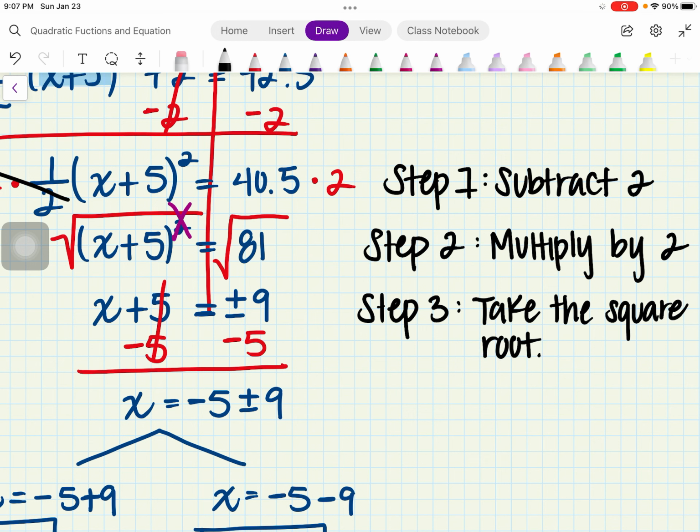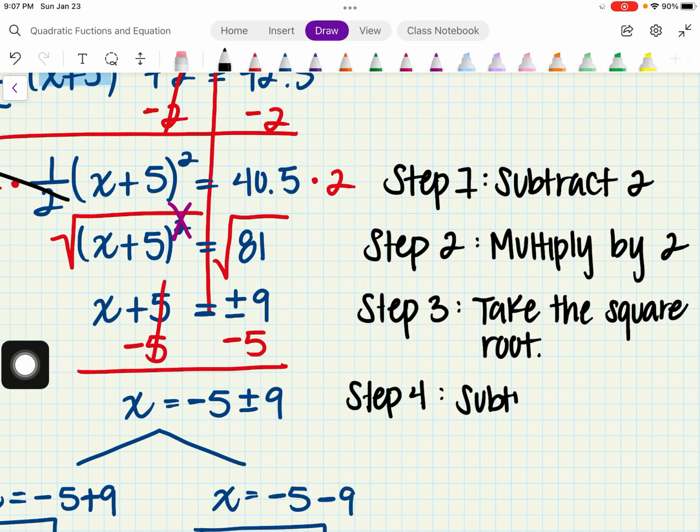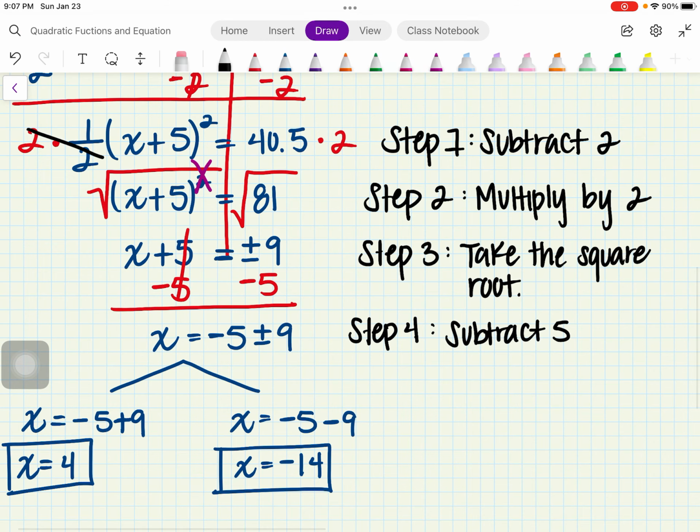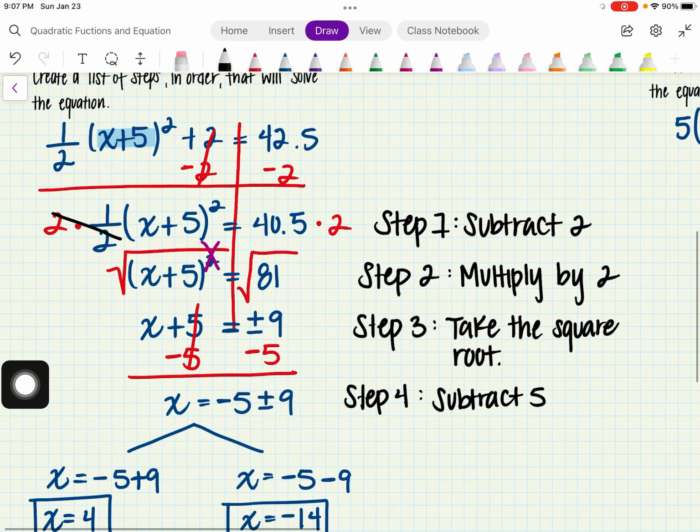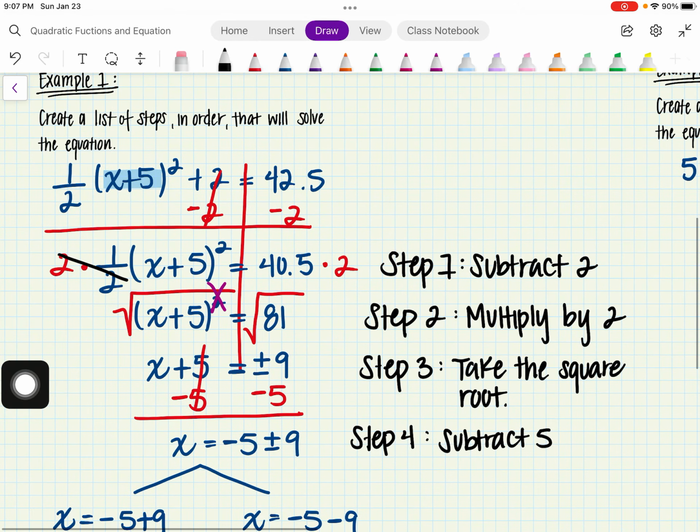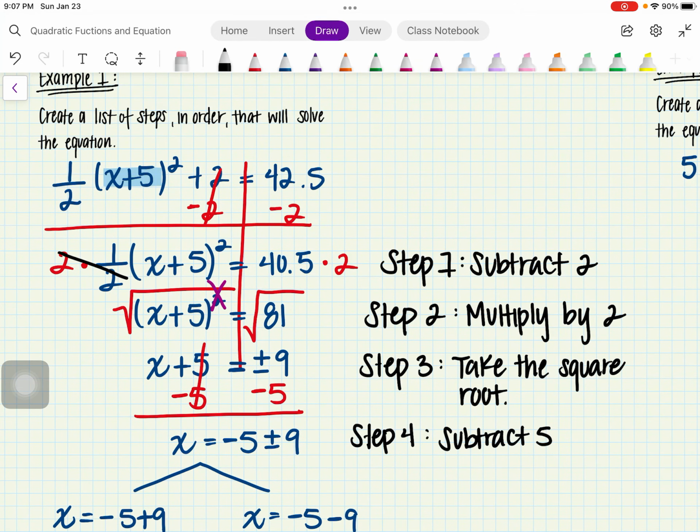And in this case, guys, step 4 is to subtract 5. All right, and the final step in this case, guys, would be to get our answers. Okay, so once again, those were the steps in order for us to solve the equation.